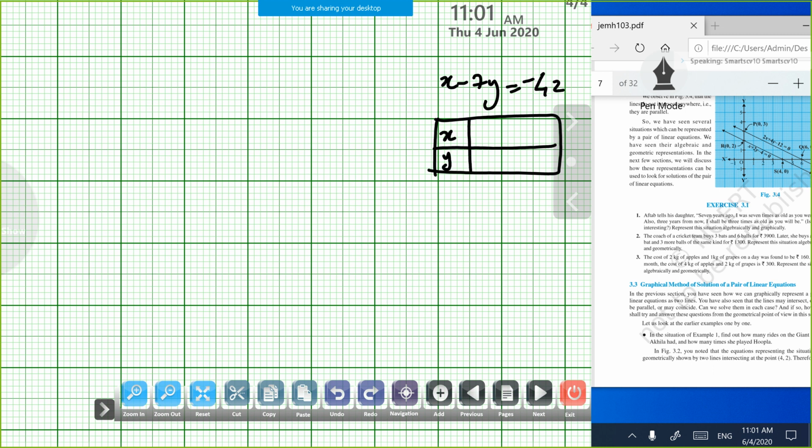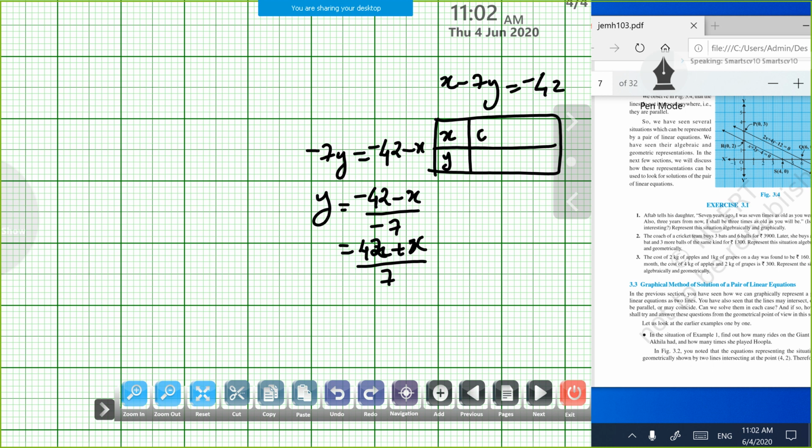Then x, y. What is y? Minus 7y is equal to minus 42 minus x, so y is equal to minus 42 minus x divided by minus 7, taking minus common, that is 42 plus x divided by 7.